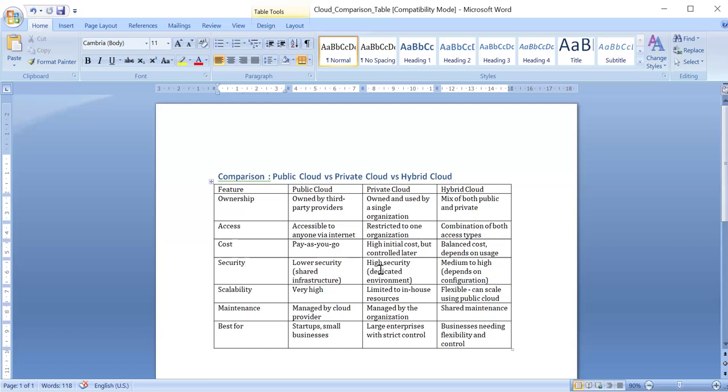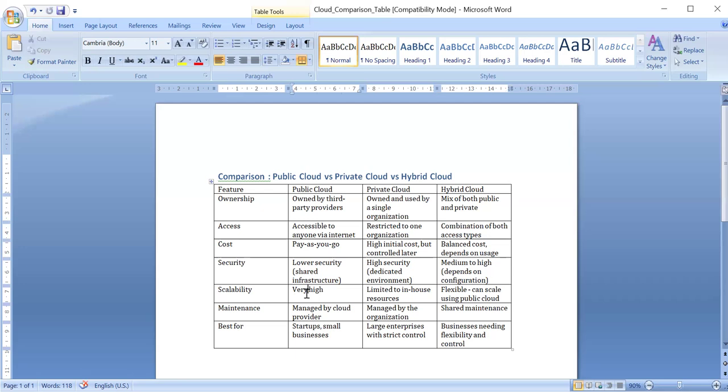Private cloud has higher security because it is fully controlled by your organization only, because it is private to you. So it will have high security. In hybrid cloud, security is given for sensitive data in the private cloud, and it is flexible for the public cloud. So the security is medium to high here.